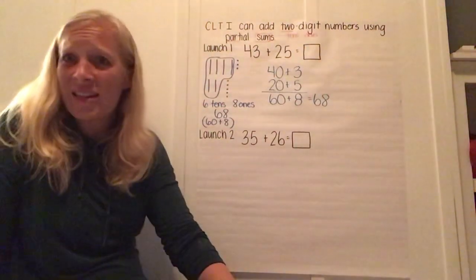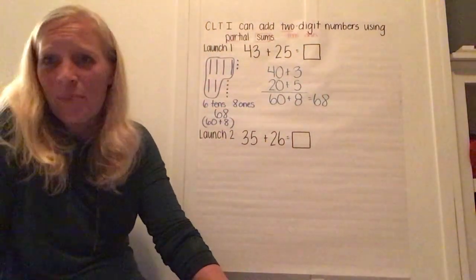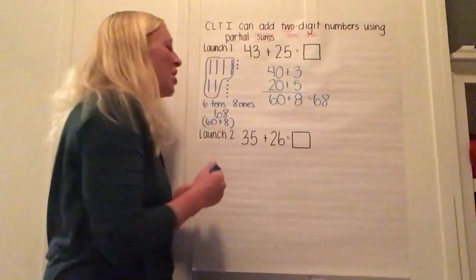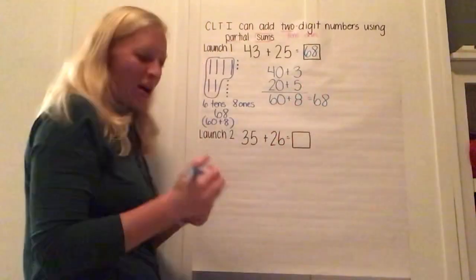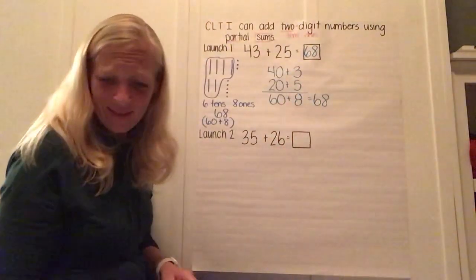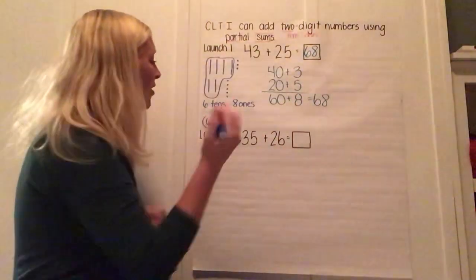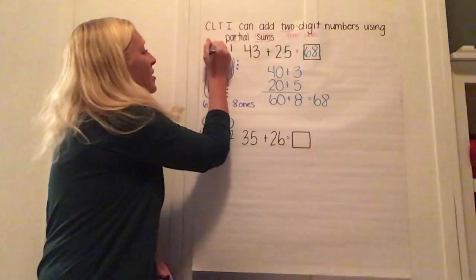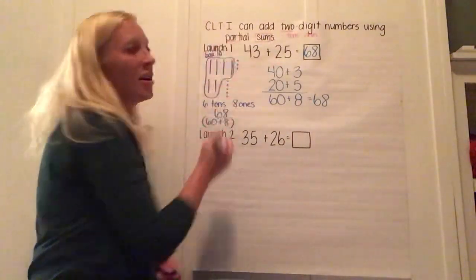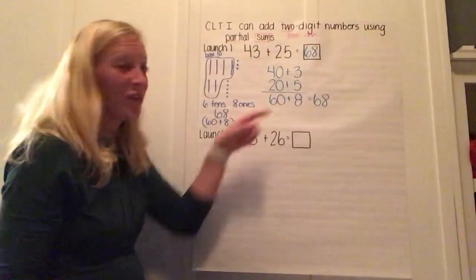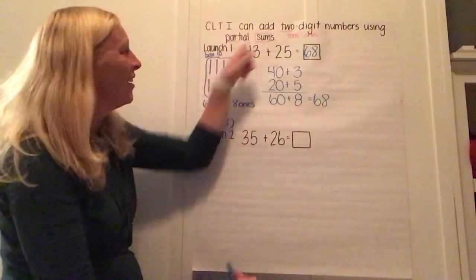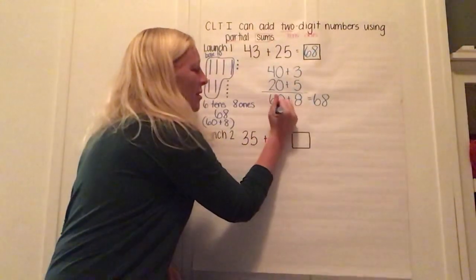They both have the same sum. 68 is going to go in this blank. Now, guess what? This friend right here used base 10 models to show their thinking. This friend right here used partial sums.